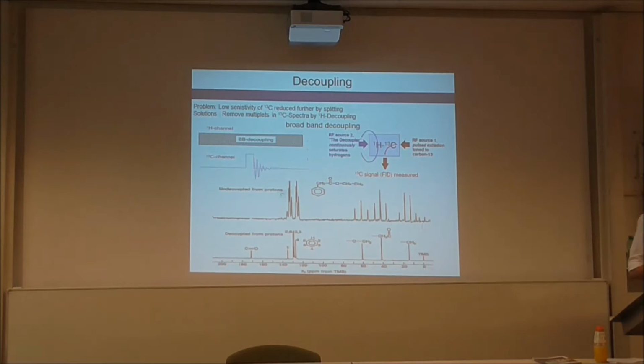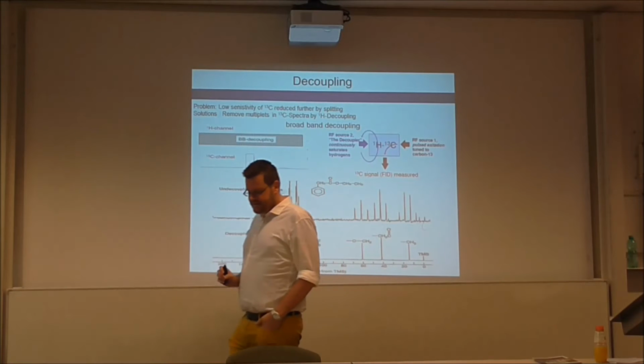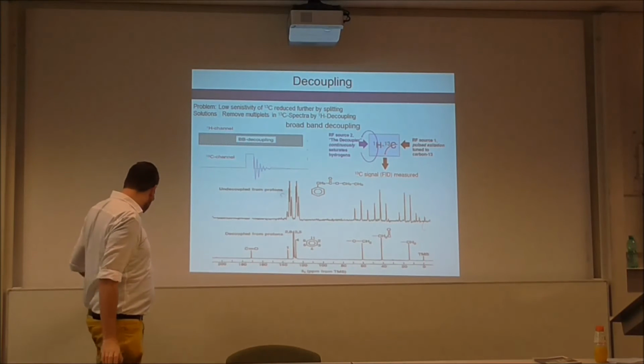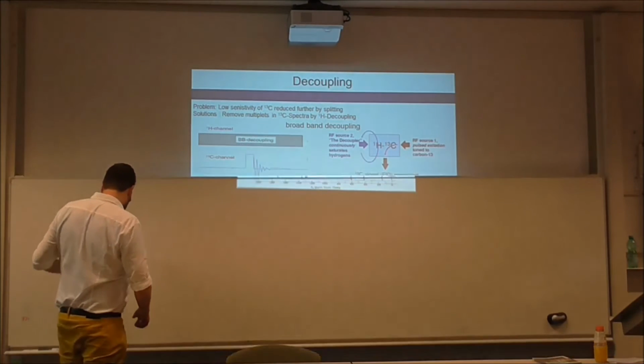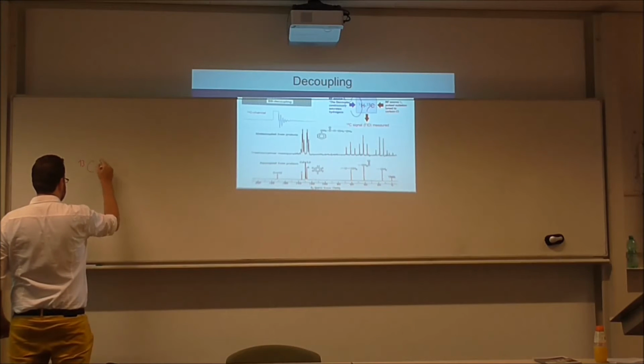Now what I want to mention now is this notion of decoupling, which is very important. In your practical, you might have seen on the spectrum something that looks like this.